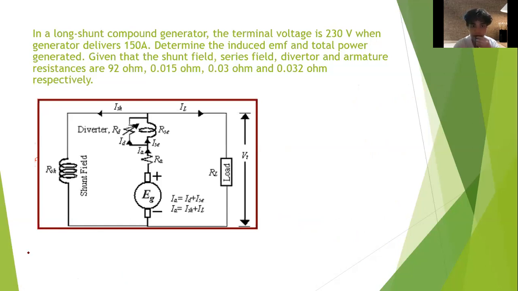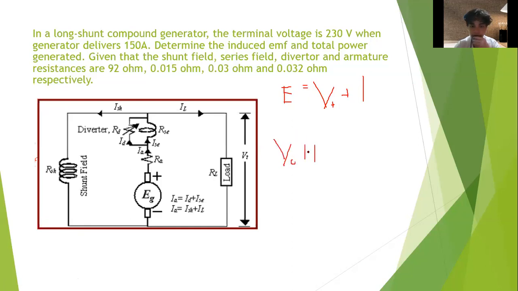Here we obtained the current in the armature. With that said, we can now obtain the voltage generated by the armature. The equation for that is E equal to the terminal voltage plus the voltage drop. So we have to obtain the voltage drop first.